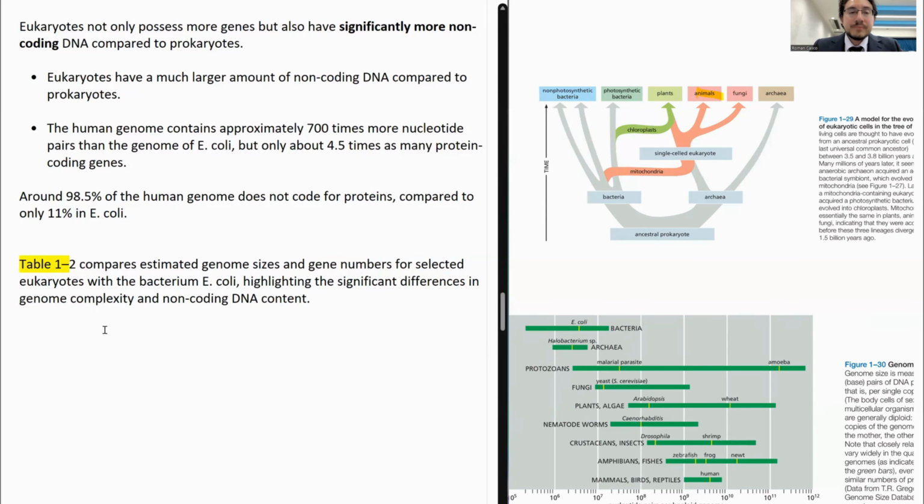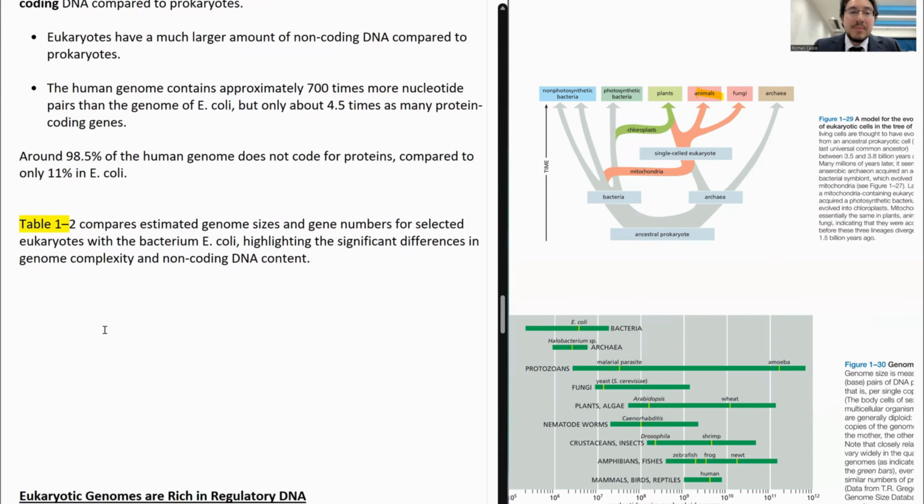Around 98.5% of the human genome doesn't code for proteins compared to 11% in E. coli. So a lot of our genome really doesn't code for anything. It was often referred to in the past as junk DNA, but there's a lot more insight nowadays. Regulatory elements and such. Okay.